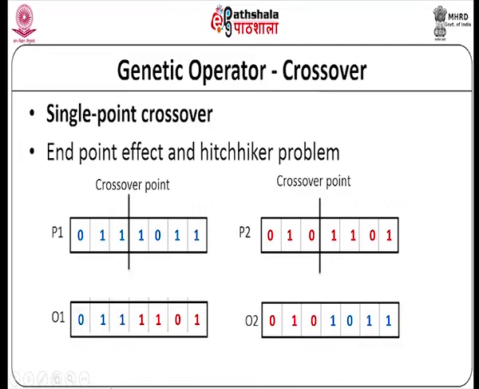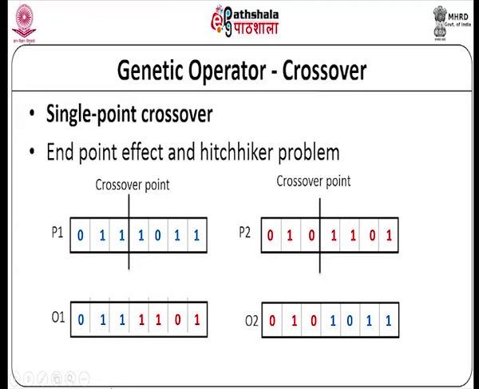So, how are these offspring formed? From 2 parents you form 2 children, or 2 offspring, in the next generation. So, how do we form this? Before the crossover point, the first offspring inherits all the bits as they are from the first parent.